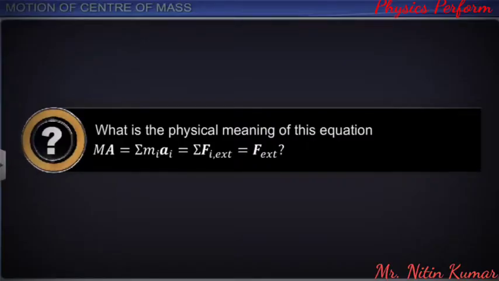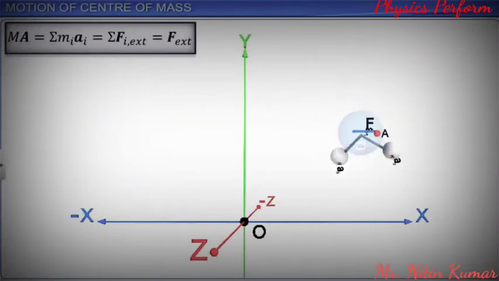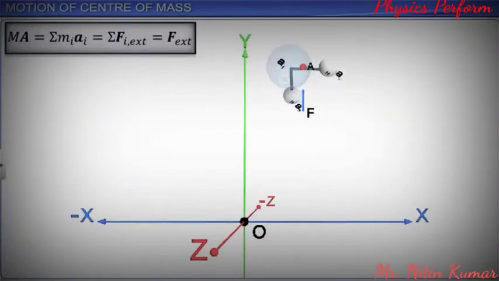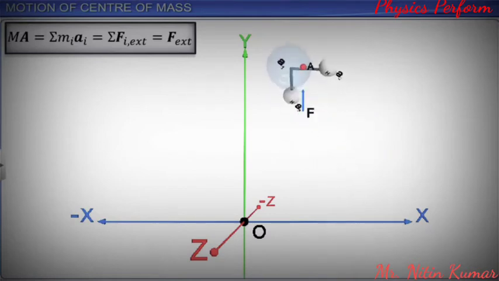What is the physical meaning of this equation? ma is equal to sigma mi ai, which is equal to sigma Fi external, and is also equal to F external. 1. The motion of the center of mass of a system of particles is independent of the internal forces. 2.